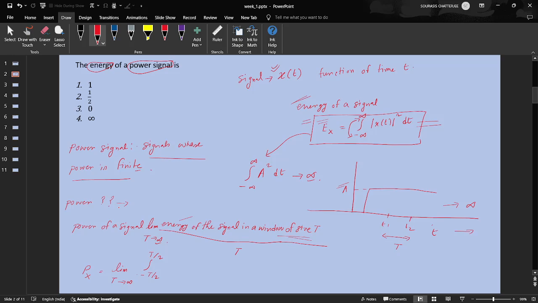We are considering not minus infinity to infinity, but minus t by 2 to t by 2. Therefore the window is of size t, and I compute the energy of the signal in this window, and this should be divided by t. And when we take the ratio for t tends to infinity, that is what I call the power of a signal. So this is the expression for power of a signal.